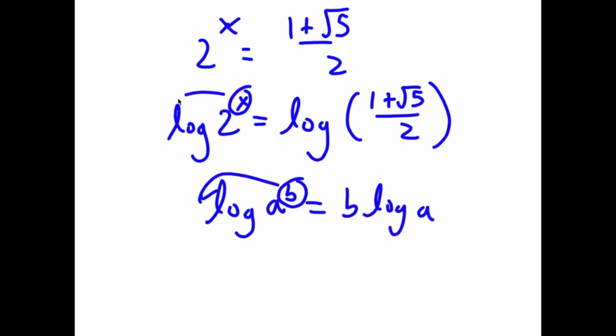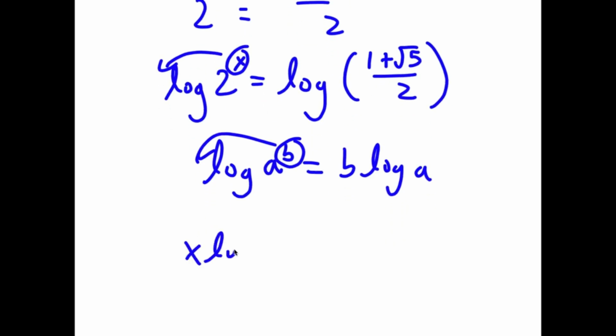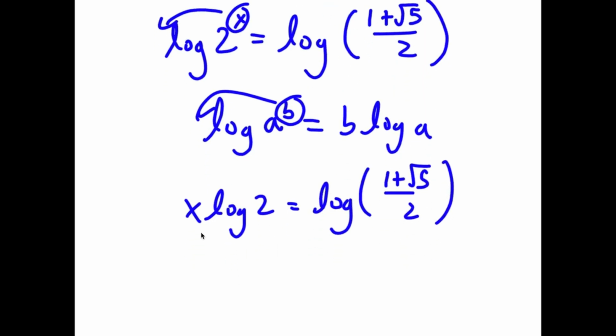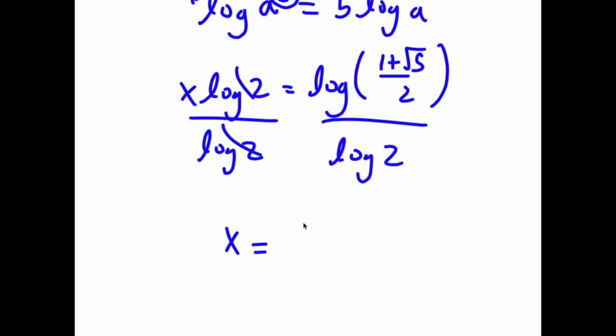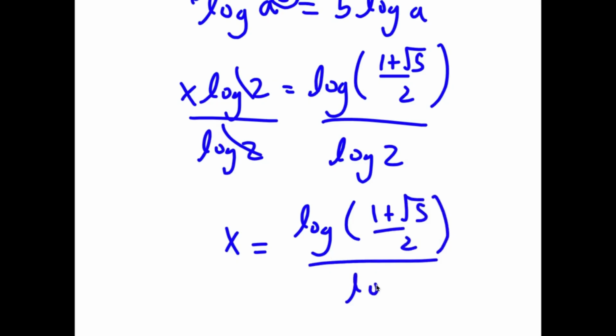So in this case, I can move x to the front. So now I have x times log 2 is equal to log of (1 plus the square root of 5) over 2. Now if I divide both sides by log 2, these two cancel out, and I have x is equal to log of (1 plus the square root of 5) over 2, over log 2.